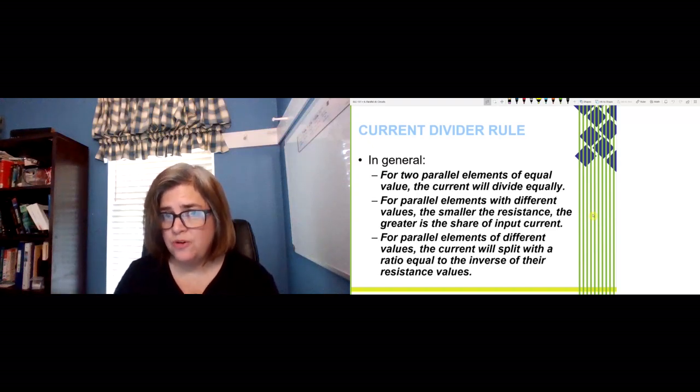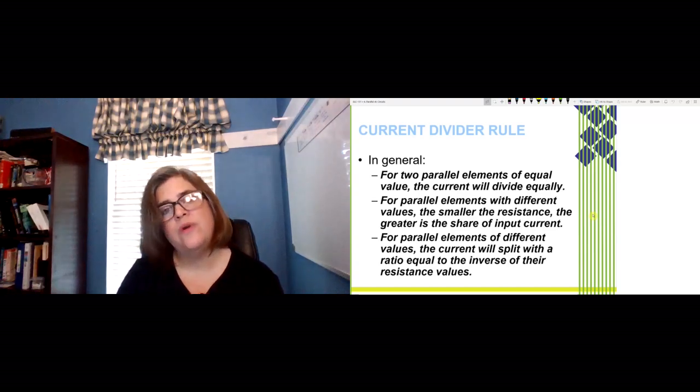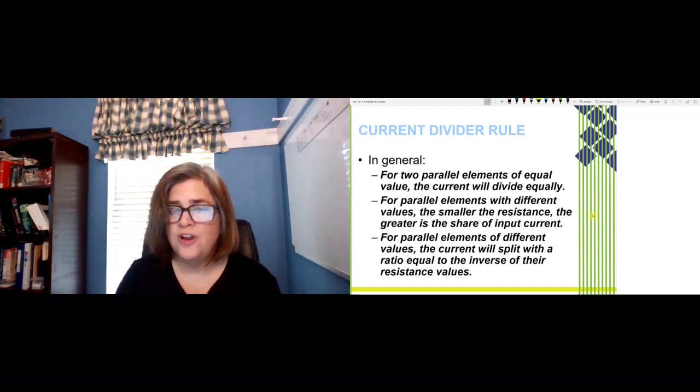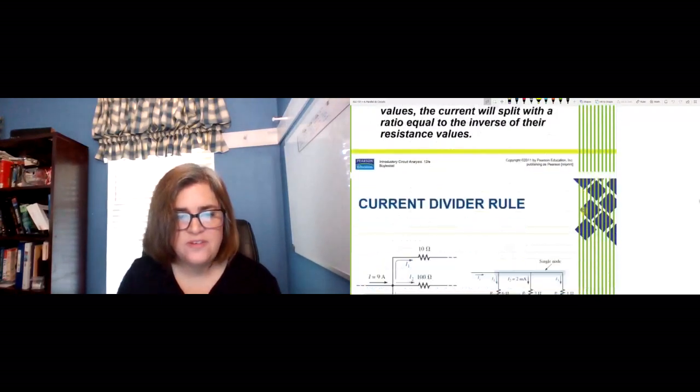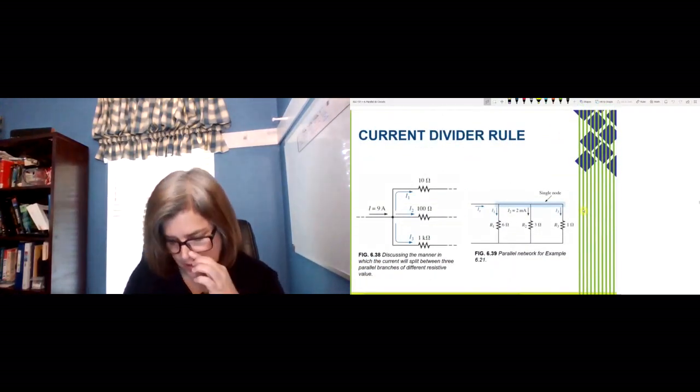It's actually backwards for the current divider rule, where the current through a resistor is proportional to the total current as the total resistance is to that one resistor of that branch. Okay, I'll show you what I mean. It's inversely proportional is what it is.